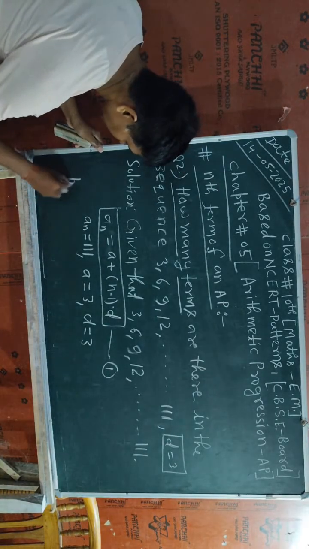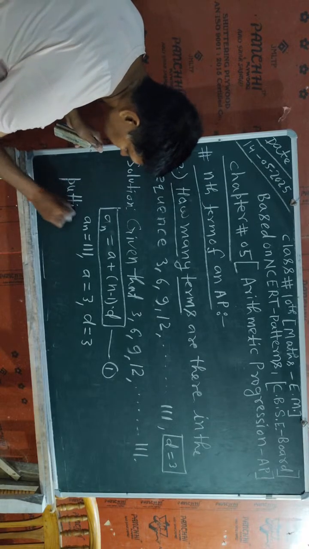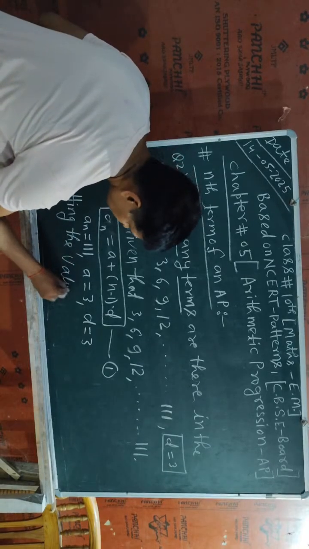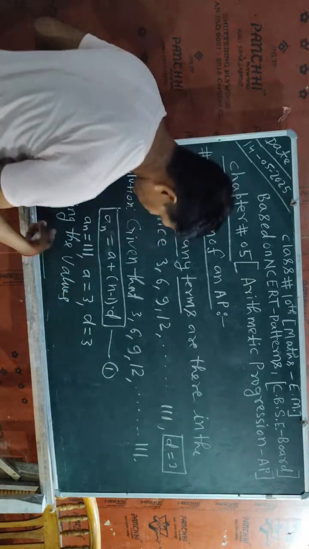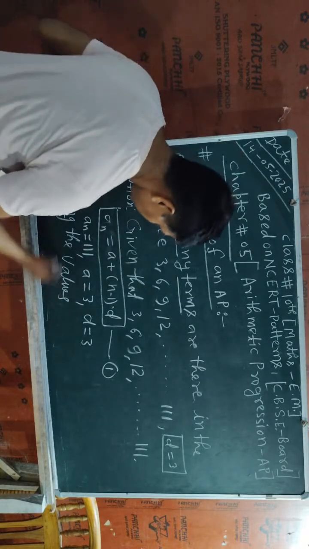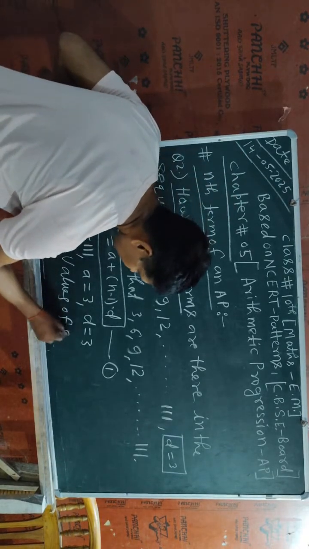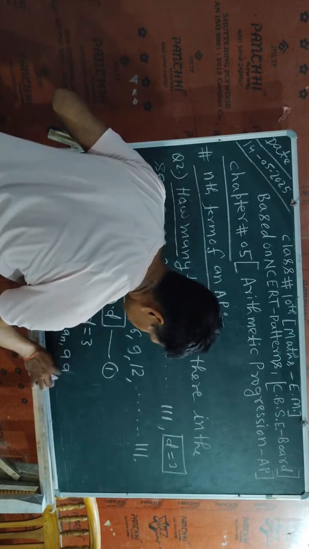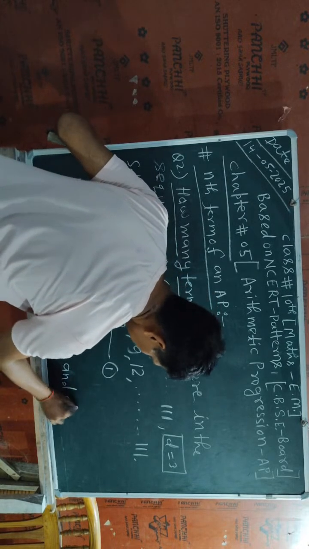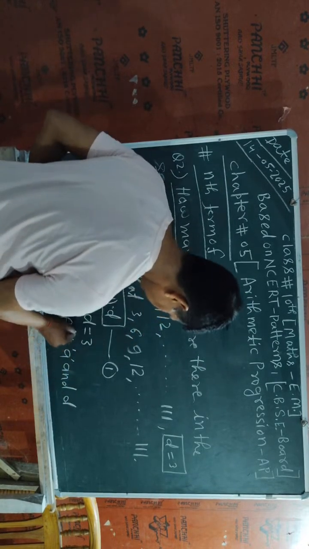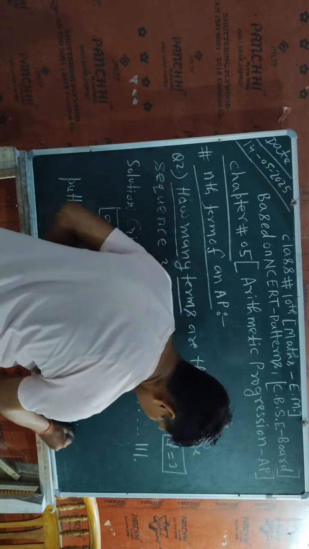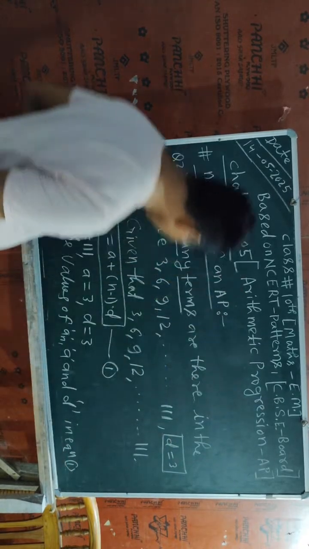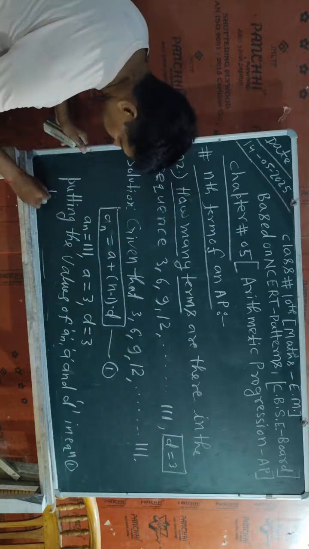Okay, students. So here I will write putting the values, because there are 3 values. So therefore I am writing here, putting the values of an, comma a, and d in equation 1, and then we get.